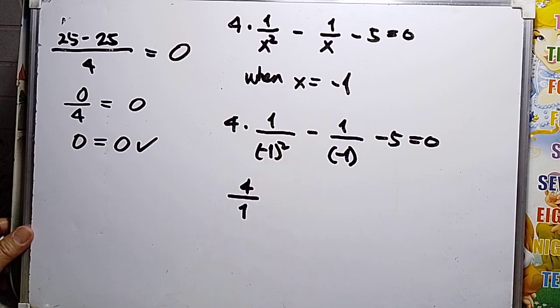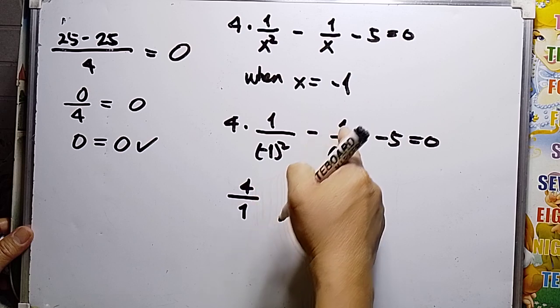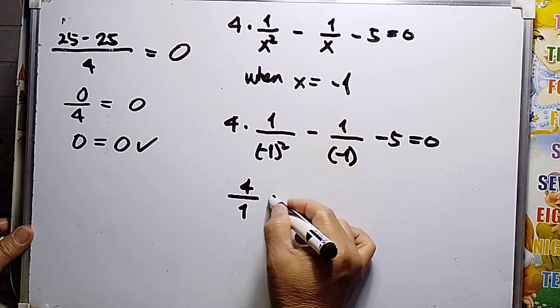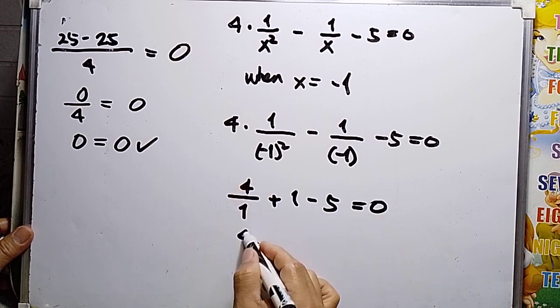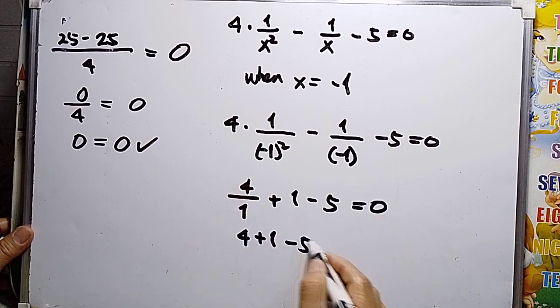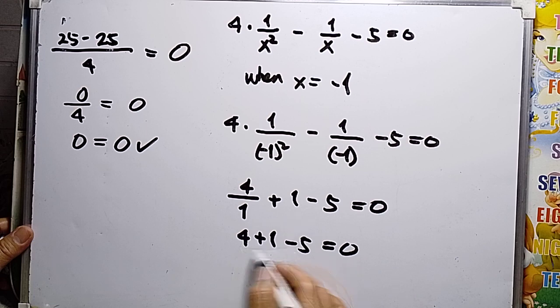Negative 1 squared is 1. Then take note, 1 over negative 1 is positive 1. 4 divided by 1 is 4, plus 1, minus 5 equals 0. So 4 plus 1 is 5, minus 5 equals 0. So 0 equals 0.